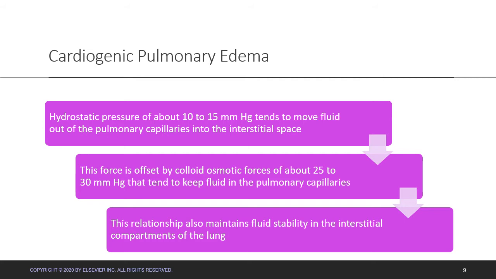The colloid osmotic pressure is referred to as oncotic pressure and is produced by the albumin and the globulin in the blood. The stability of the fluid within the pulmonary capillaries is determined by the balance between the hydrostatic and oncotic pressures. This relationship also maintains the fluid stability in the interstitial compartments of the lungs.